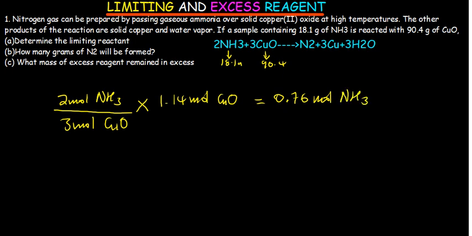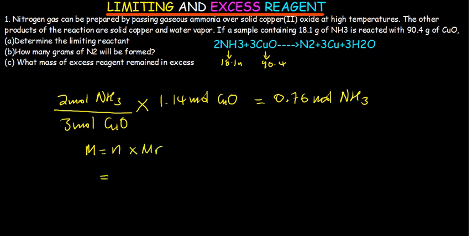Now we've determined the moles of ammonia. These are the moles of ammonia which are going to react with 1.14 moles of copper oxide. But these are not the moles of ammonia which are available. Now I could have subtracted, but let me go and find the mass of ammonia because I want to determine the mass of excess reagent. So what will be the mass of ammonia that is going to react? We know that mass is given by the number of moles multiplied by the molar mass.